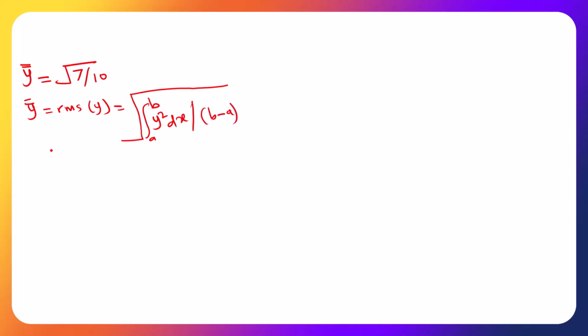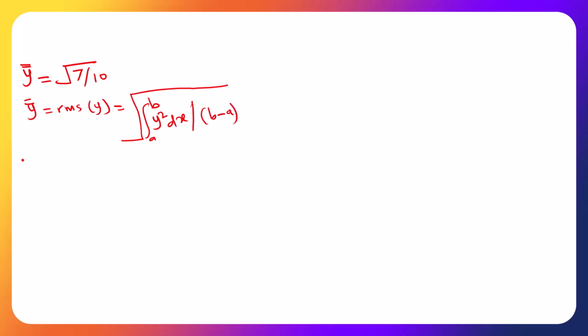So now, from our formula, we know that y double bar, which is the RMS of y, is equal to the square root of the integral from a to b of y squared dx, divided by b minus a.